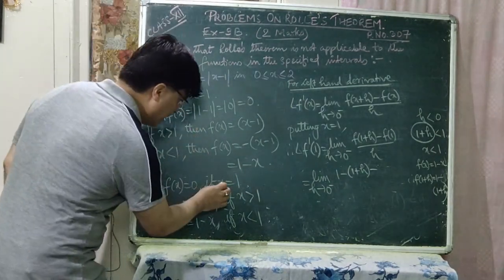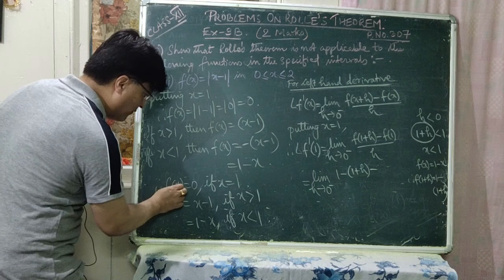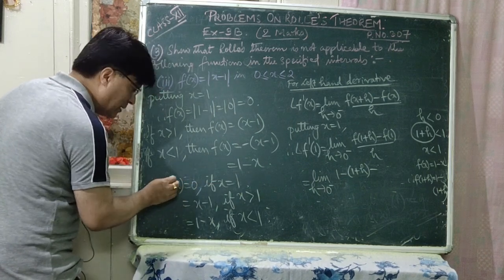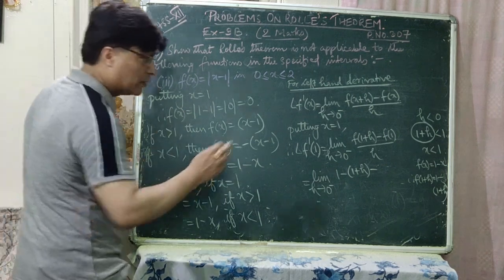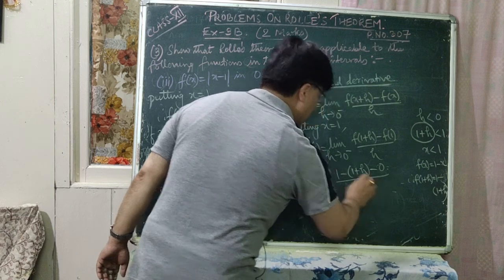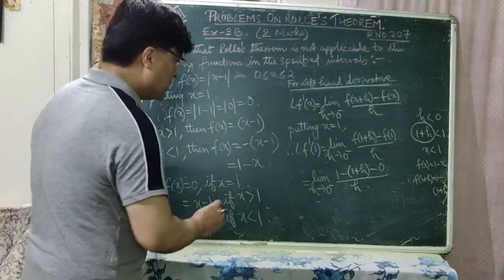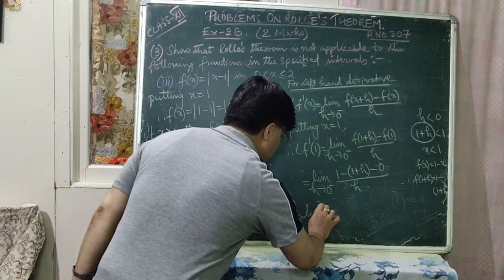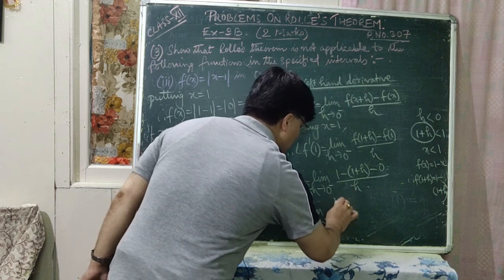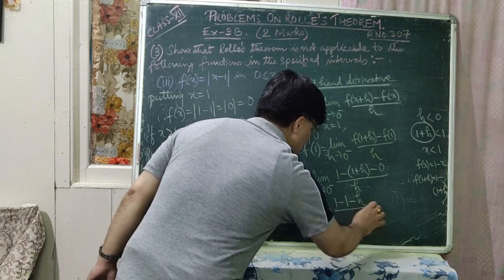That is, when x is exactly equal to 1, what is the value for f of x? It is 0. So instead of x, if you put x is equal to 1 here, f of 1 is equal to 0. So 0, divided by h, right? So let us simplify it, which is equal to limit h tends to 0 minus, 1 minus 1 minus h divided by h.